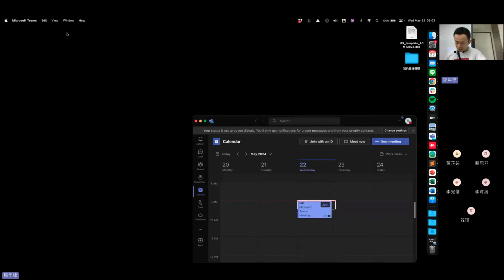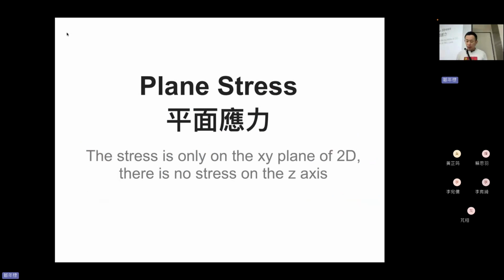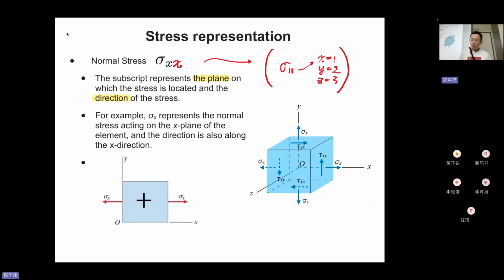So welcome. Good morning. So yesterday we talked about plane stress and, most importantly, the stress representation. In advanced courses we typically use one symbol for stress, sigma, and the subscript indicates the plane and the direction.